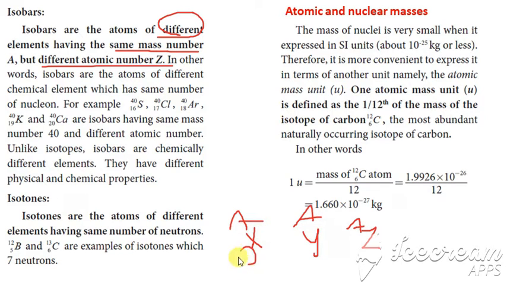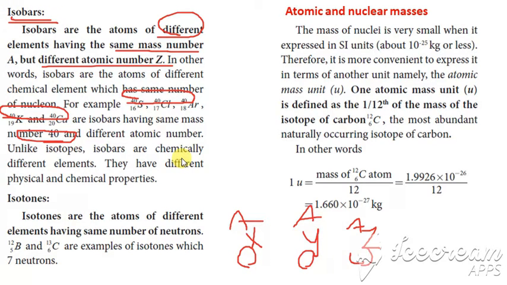So this atomic number will be different. When you see the example here, the mass number is the same and the atomic numbers are different. It has the same number 40. So these are all the isobars. Clear with what are isobars?